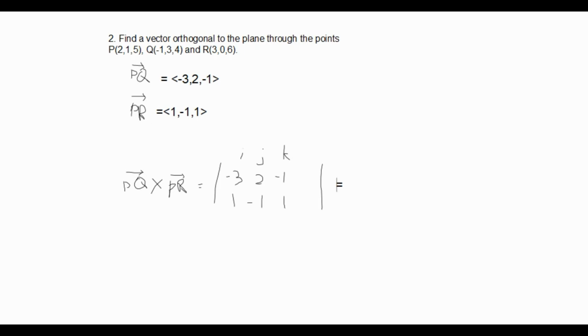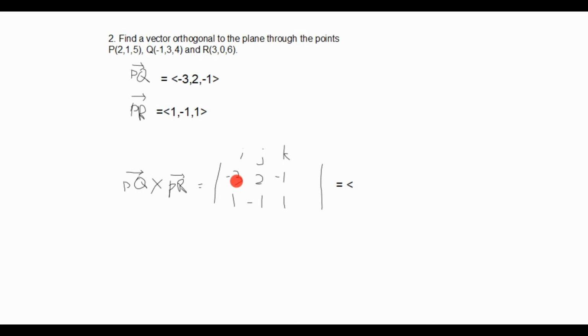Alright, so the way we do the cross product is, we will obtain a vector as our final answer.